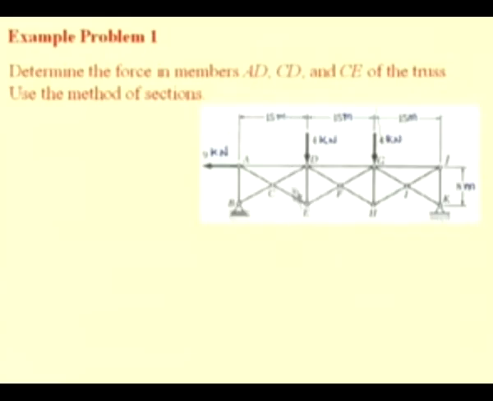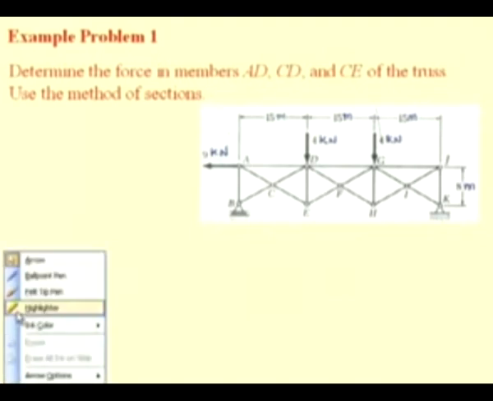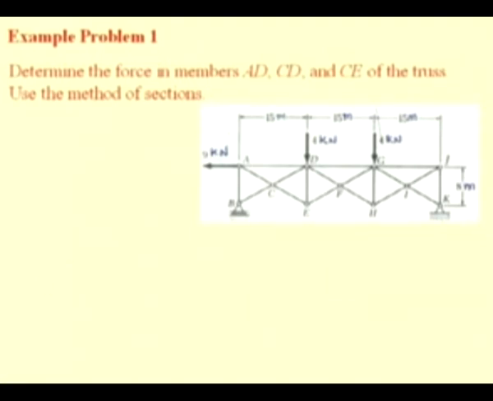From the geometry of the truss, we can see that it is possible to create a section. Let us consider this section AA, that passes through the members AD, CD and CE.